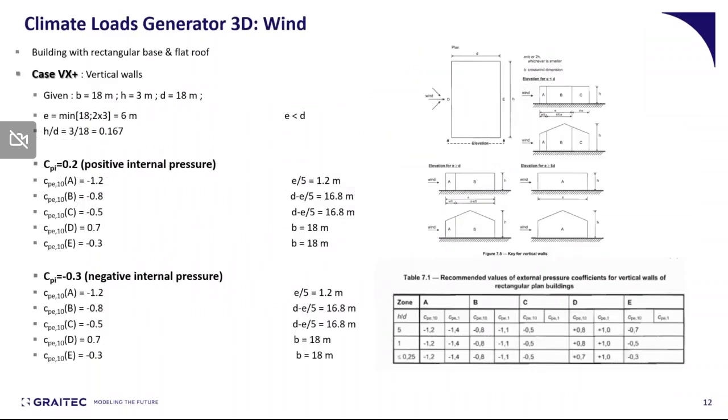The first element that is going to be checked is the vertical walls, and the case that is going to be investigated is the wind load that blows along the X direction.